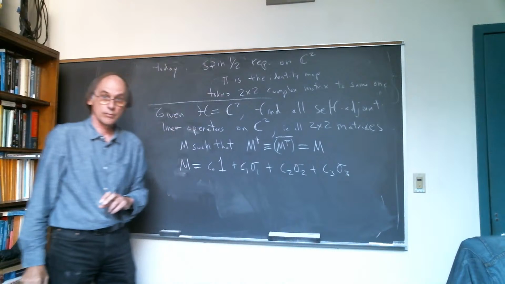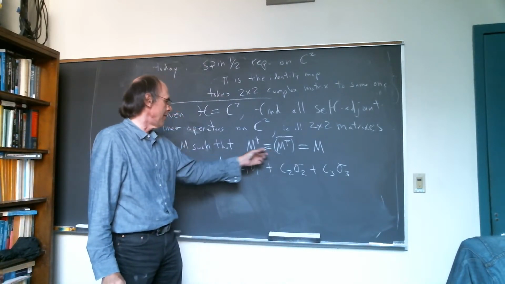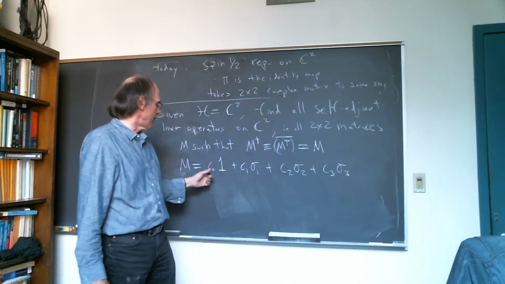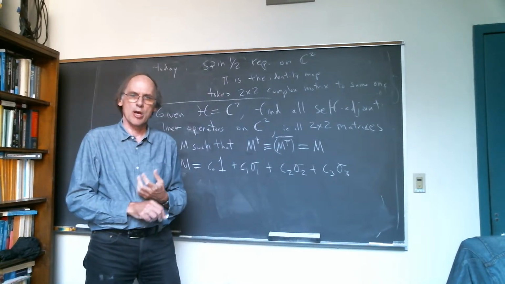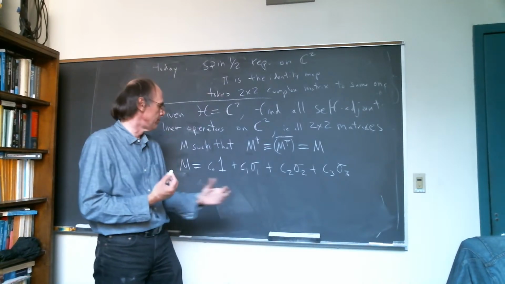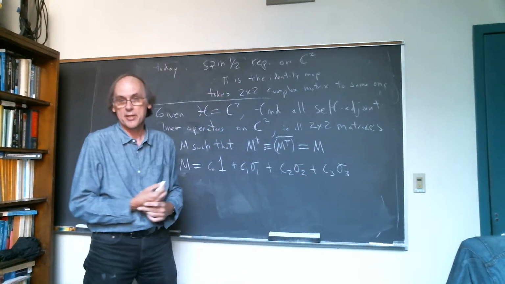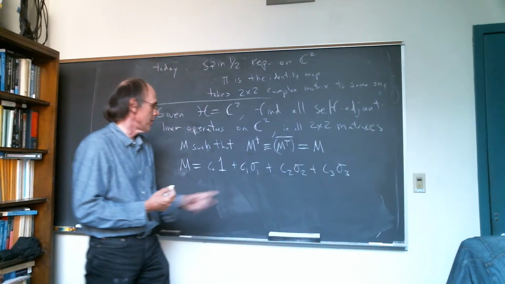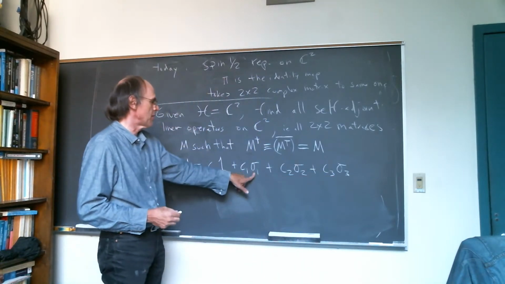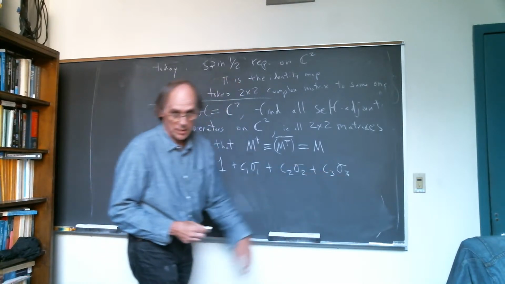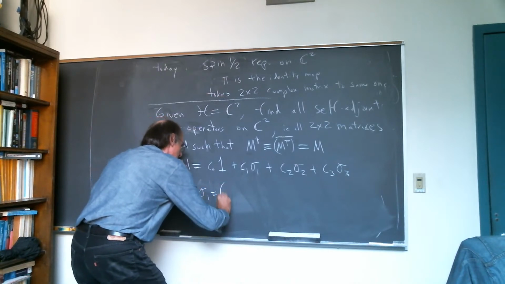Okay. So there are 4 coefficients that tell you which quantum observable you're talking about, which self-adjoint linear operator on C2. We're going to be seeing much of these 2 by 2 matrices called the Pauli matrices. So sigma 1 is this guy.